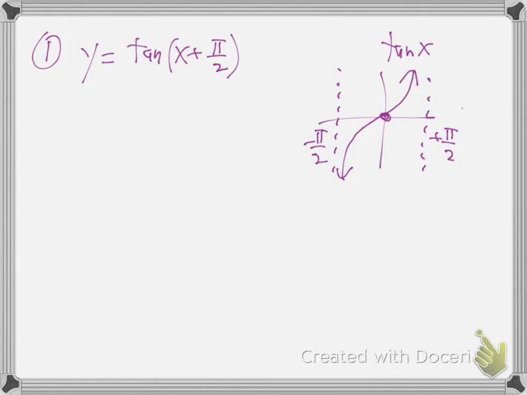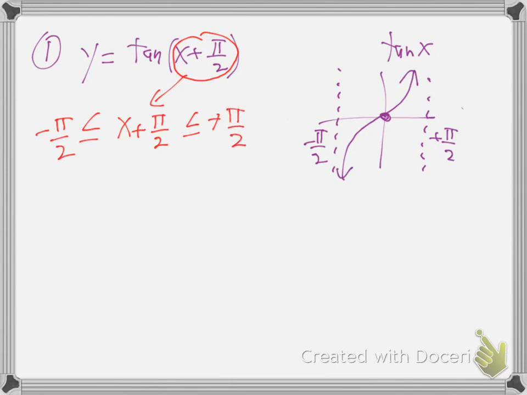Okay, so the game plan I'm giving you is you take this inside, and you say, when that inside is between negative pi over 2 and positive pi over 2, then you're at this spot and this spot. You're at the left and the right vertical asymptote lines.